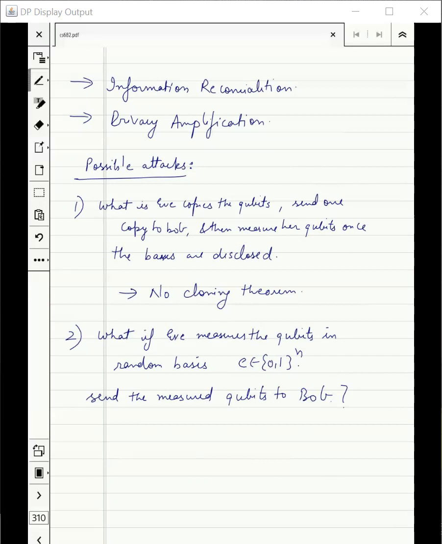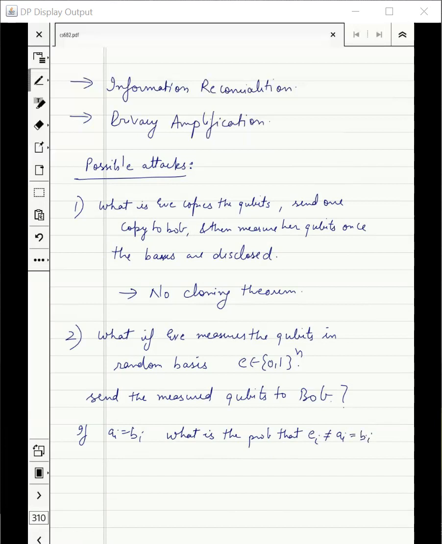What will happen is that there will be an anomaly in Alice and Bob's outputs, Ri and Si. Let's see what I mean by that. What is the probability that Ei is not equal to Ai or Bi? Suppose Ai is equal to Bi.